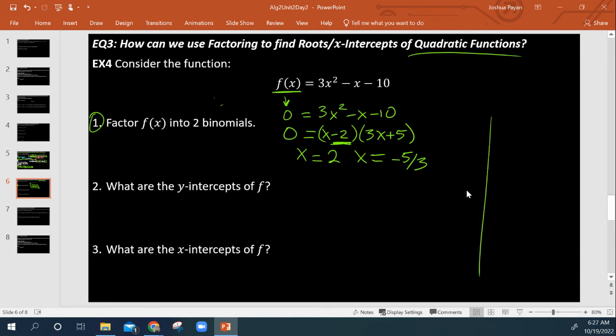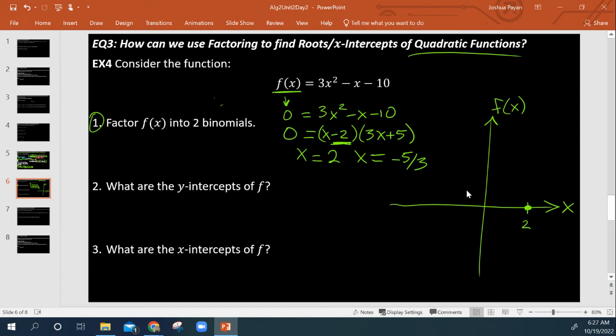Okay, so what that means is I'm going to have a parabola. So this is the f of x axis. This is the x-axis. I'm going to have a parabola whose x-intercepts happen at x equals 2 and at negative 5 over 3.